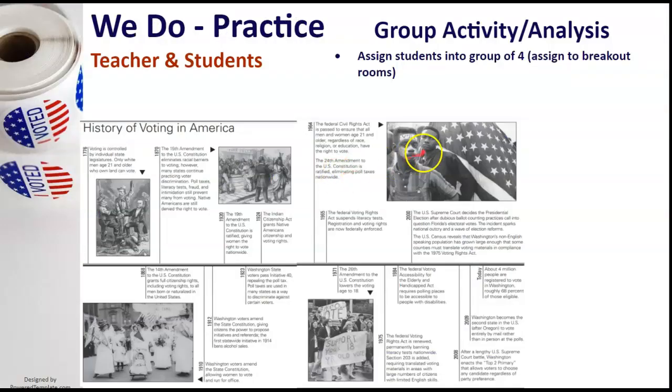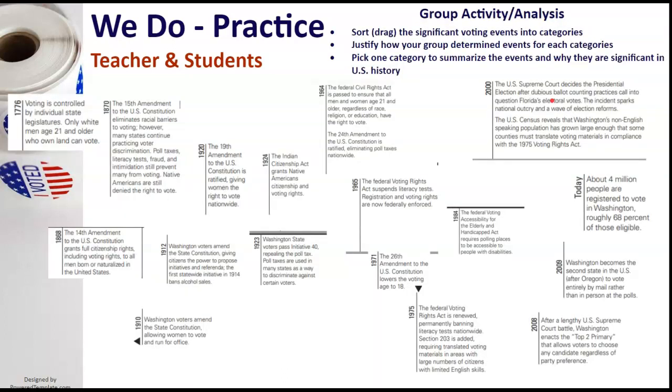So let's practice. What I would have you do as students is I would assign you into groups of 4 and assign you into breakouts. And then in your breakout rooms, I would have you sort and drag the significant voting events into categories.